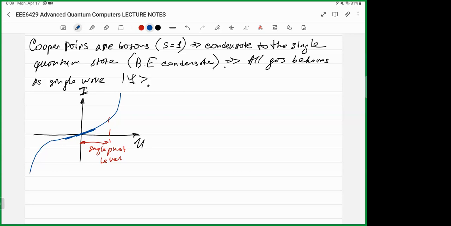Very good question. If you have a number of qubits, like n qubits, of course, if the qubits are strongly coupled, you describe them using one single state vector, and in their ground state, they all condense to the zero energy.